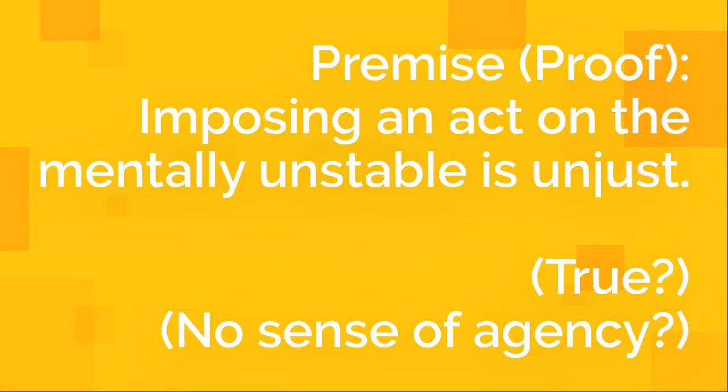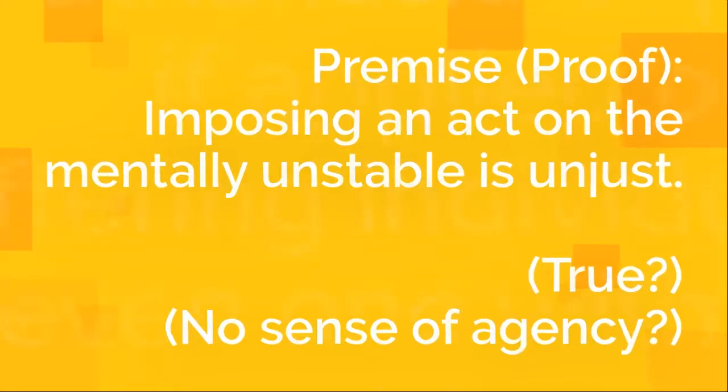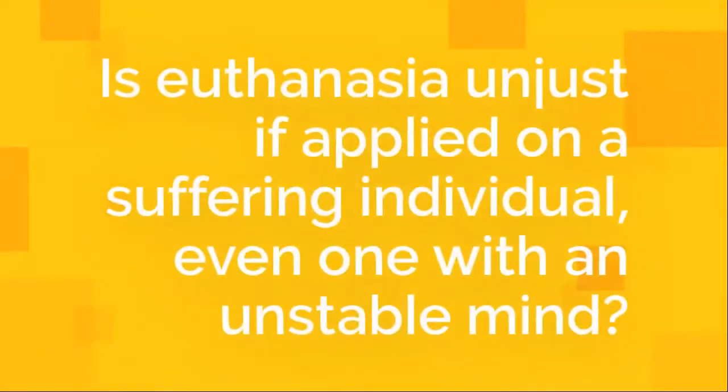With their inability to apply agency, is this true? Is it necessarily unjust? So you notice that even both of these premises are essentially questionable, right? Is euthanasia unjust if applied on a suffering individual, even one with an unstable mind?